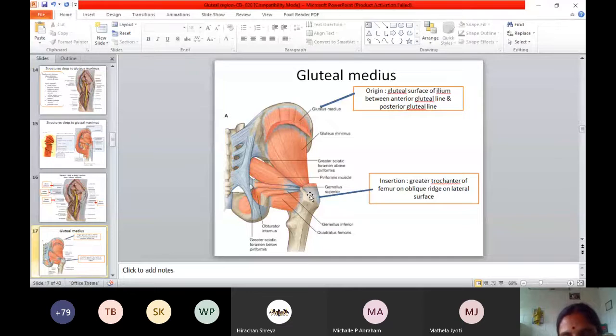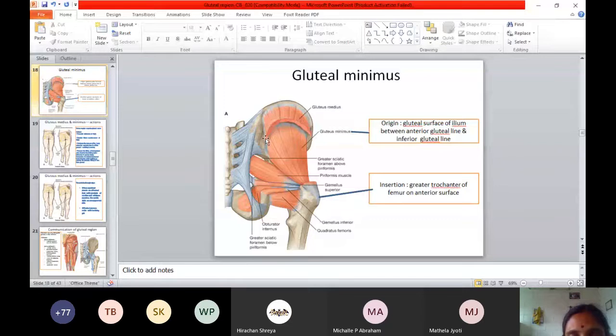What is the insertion? In which trochanter? Greater trochanter of the femur. But on which surface? This is the lateral surface. There is a ridge there, directed obliquely. So it is the oblique ridge on the lateral surface of which trochanter? Greater trochanter. Okay. This is the insertion, and this is the origin. Are you confident with the attachment of gluteus medius? Yes, ma'am. Okay.